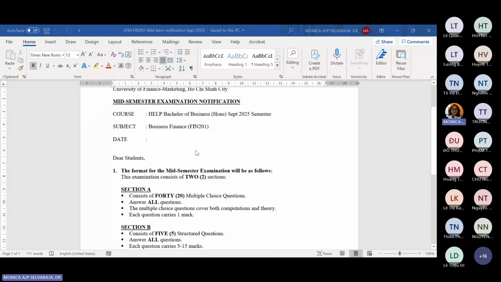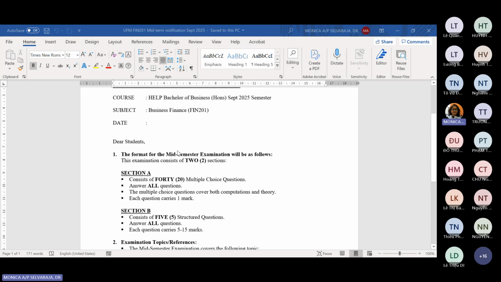The title of the subject is Business Finance, FIN201, yeah? Here we can see the format of the exam will be given in two sections.